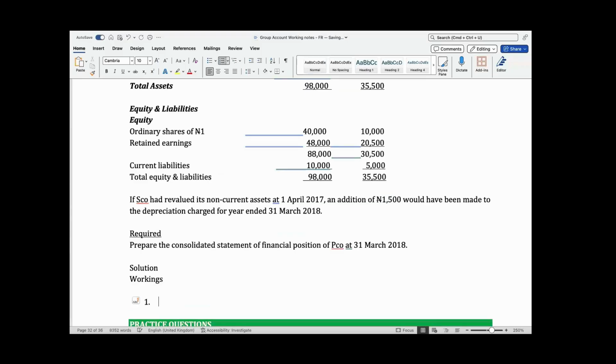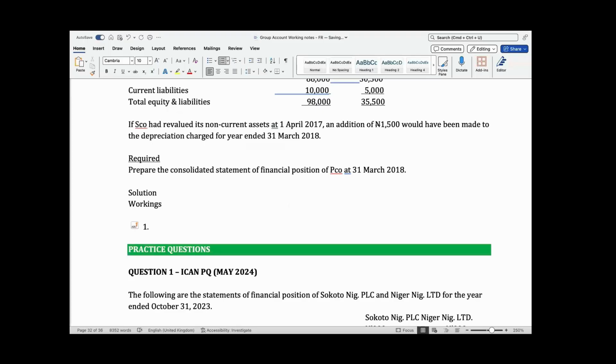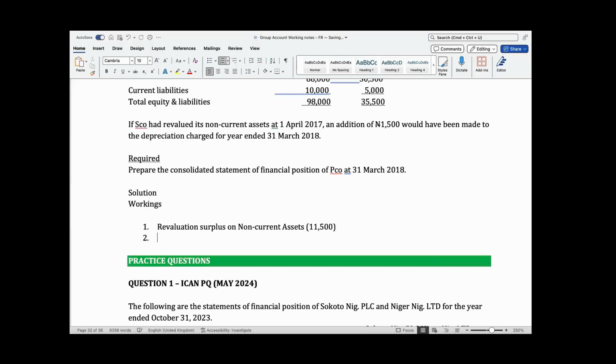So revaluation surplus on non-current assets of 11.5. Two things.